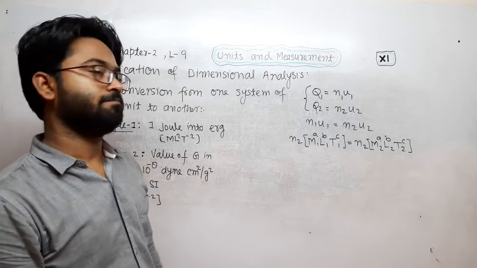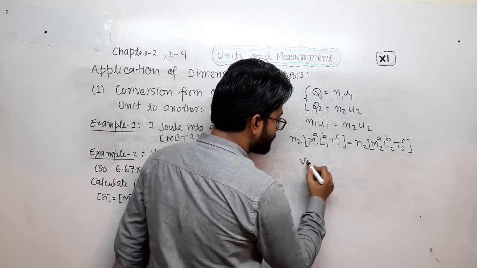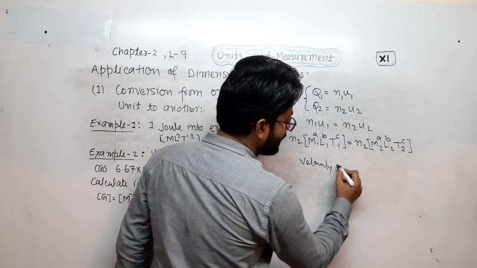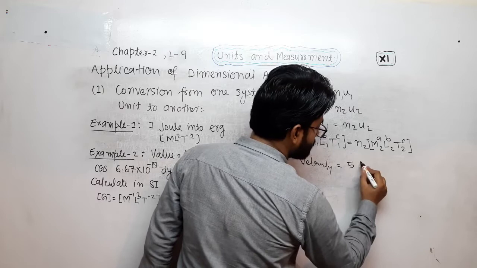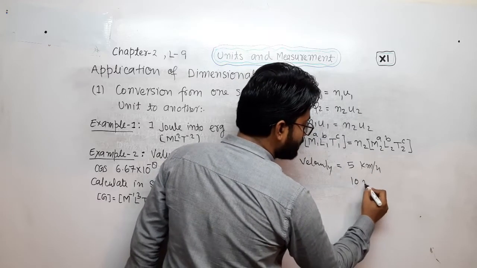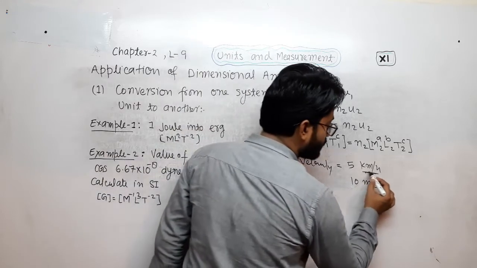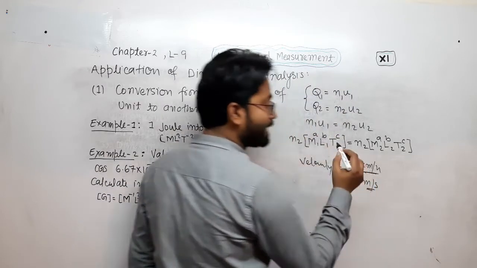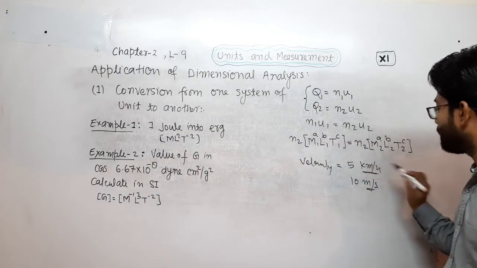The powers are the same. Why? Because for velocity, let us suppose this is 5 kilometer per hour and this is 10 meter per second. The unit is different, but the dimension is the same.